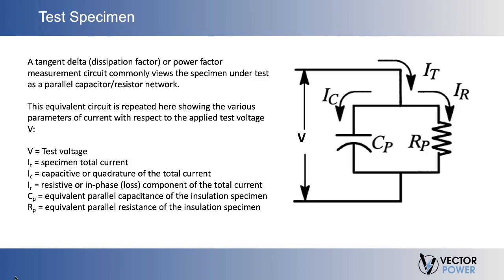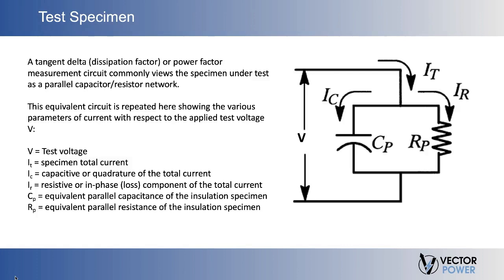This equivalent circuit is repeated here, showing the various parameters of current with respect to the applied voltage V. So V is our test voltage. I sub T would be the specimen's total current. I sub C would be the capacitive, or quadrature, component of the total current.